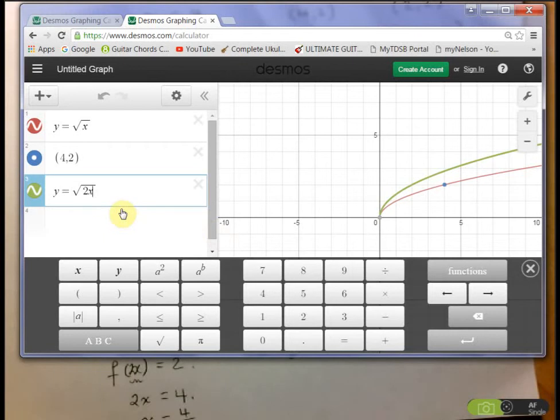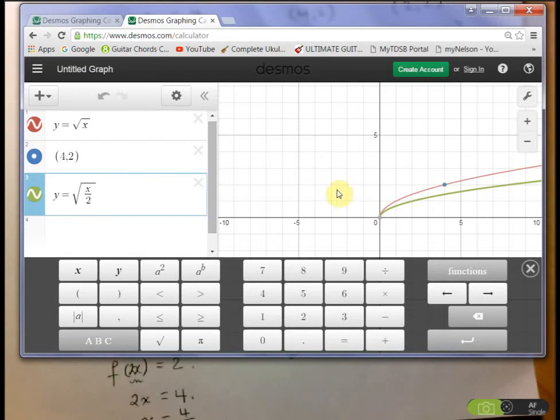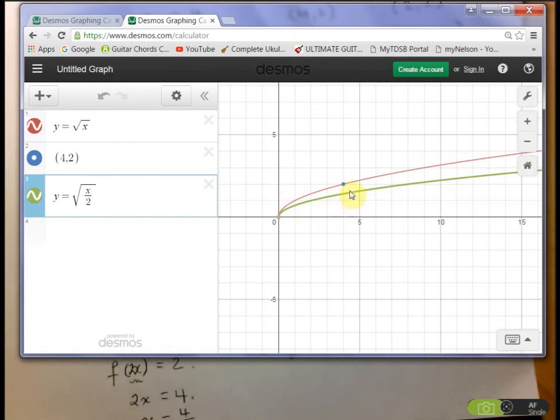Similarly, if we instead take that x value and divide it by 2, the effect should be the opposite. And we see that it is. When we have the square root of x divided by 2, if I keep the y component constant, the x value actually doubles to 8.